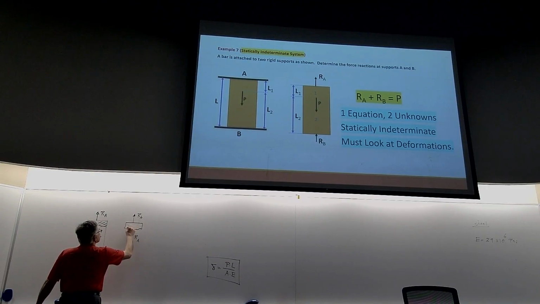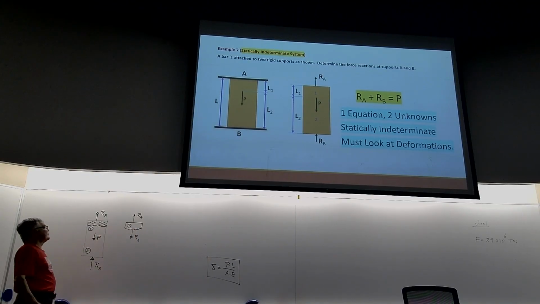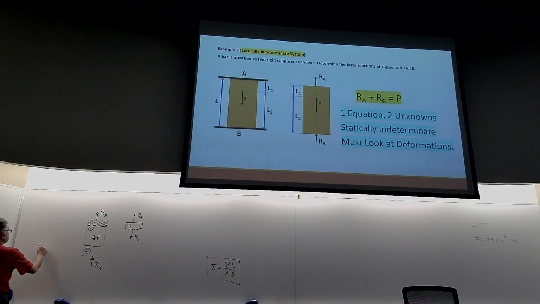So this is segment one. And if we do the same in segment two, meaning we make a cut here, this time it's easier to look at what's below it. So that would be like this. We have RB here.